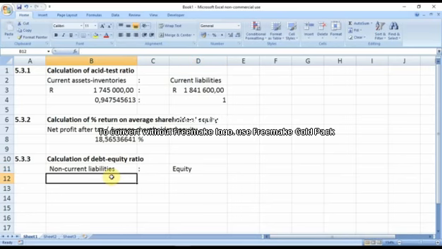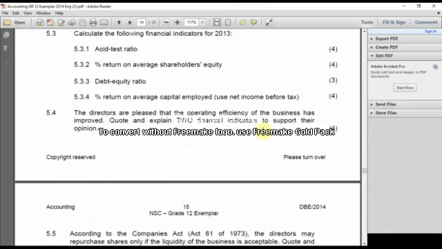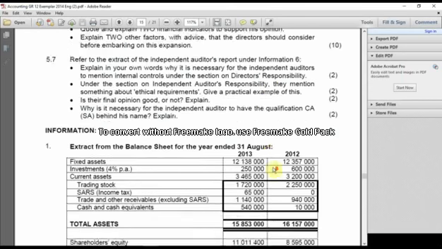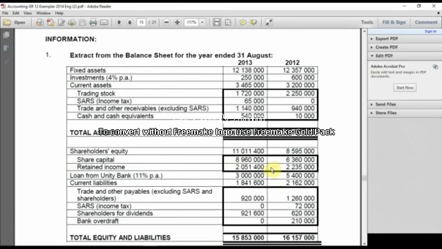And our non-current liabilities we will find in our balance sheet. So the loan from Unity Bank is our long-term liabilities or non-current liabilities, so it's 3 million. And from the previous question we know our shareholders' equity in 2013 was 11,011,400.